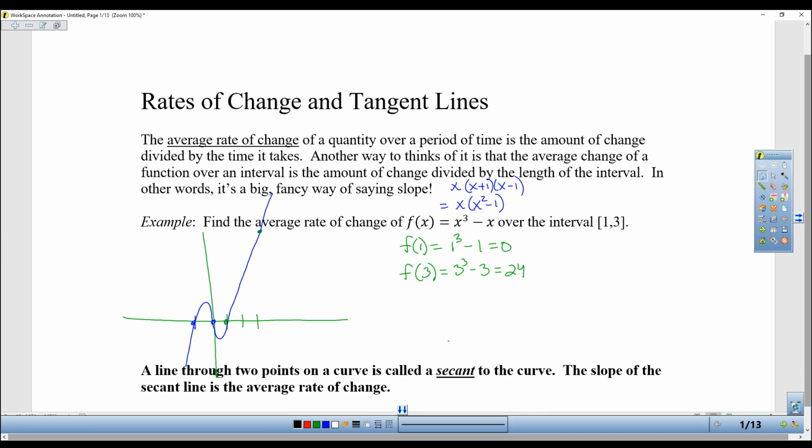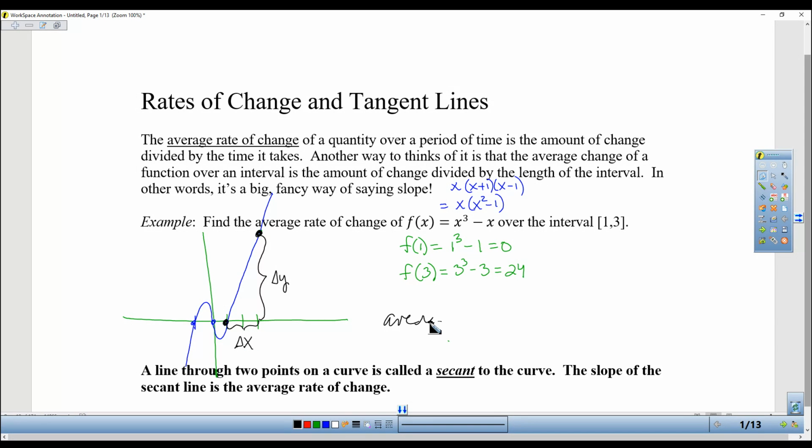So the question is, what is the average rate of change between these 2 points? In other words, what is the change in y divided by the change in x?